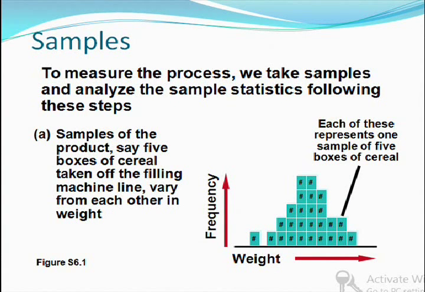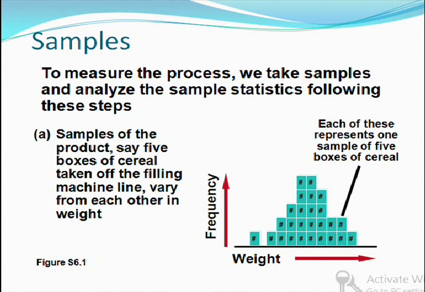Samples. To measure the process, we take samples and analyze the sample statistics following these steps. Letter A. Samples of the product, say 5 boxes of cereal taken off the filling machine line, vary from each other in weight. You can see the frequency and the weight.